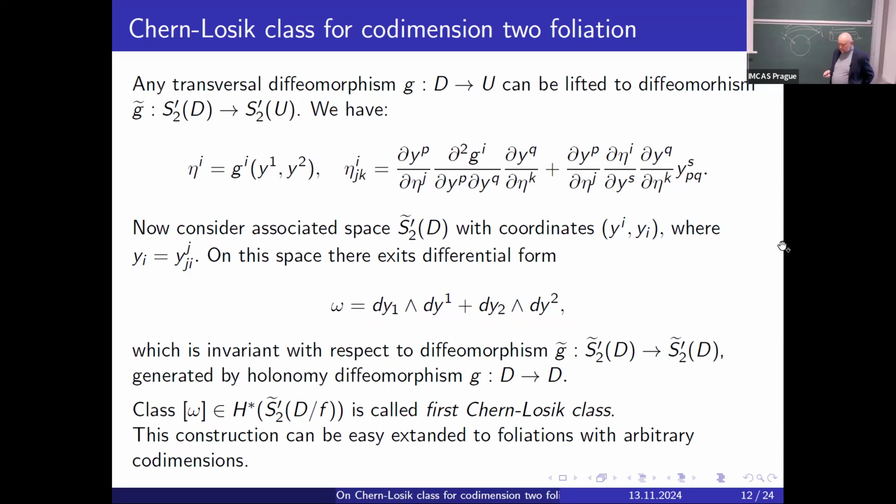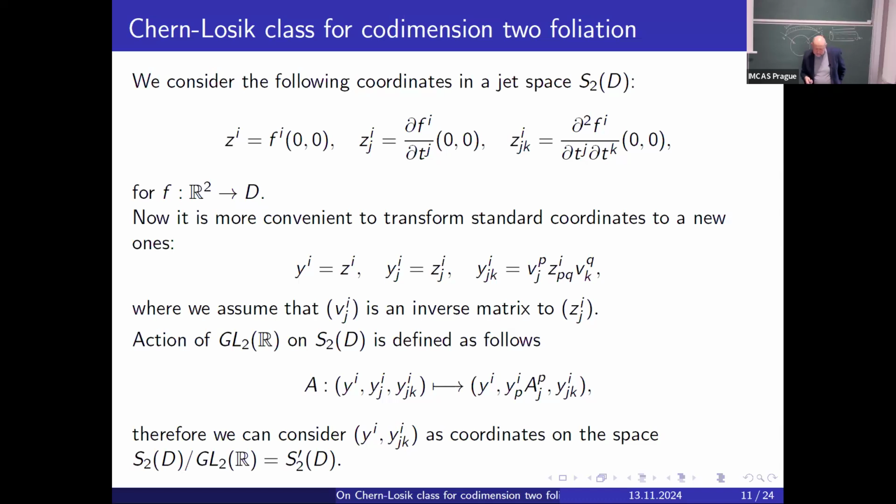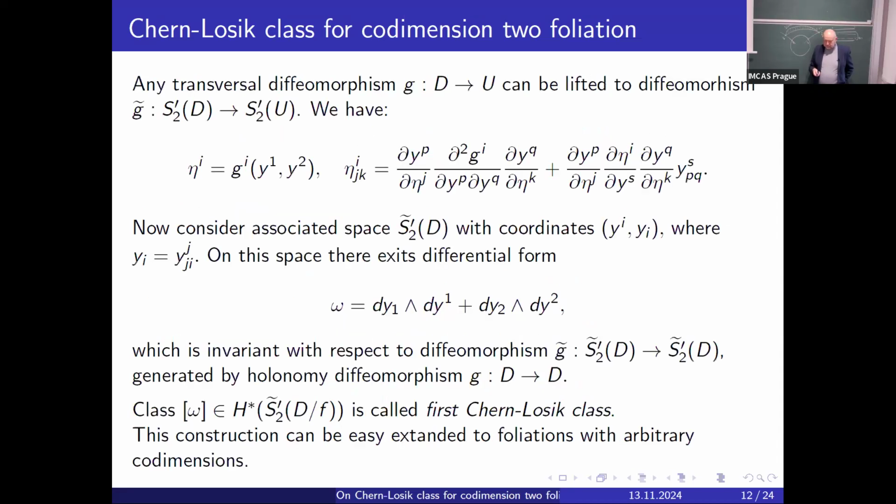And in fact, all this construction can be also used in any codimension. For example, if you look at these formulas, they are in fact valid also for any codimension, not only for 2. And in this case, we have form with n terms, where n is codimension. So this is the first Chern-Losik class.